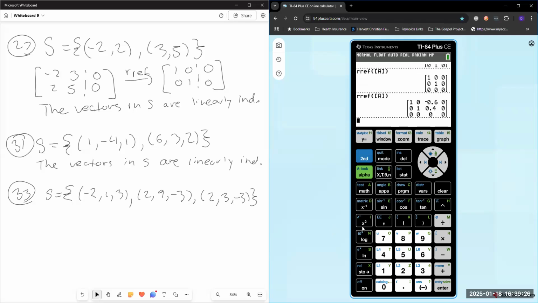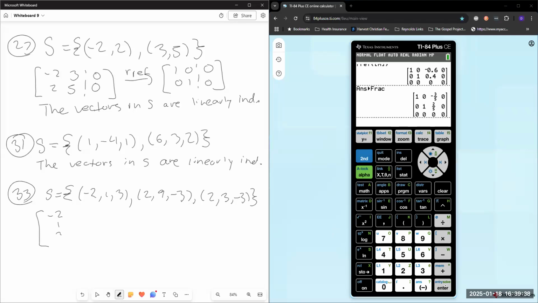RREF that. Let's answer the fraction. We had -2, 1, 3, 2, 9, -3, 2, 3, -3, 0, 0, 0.